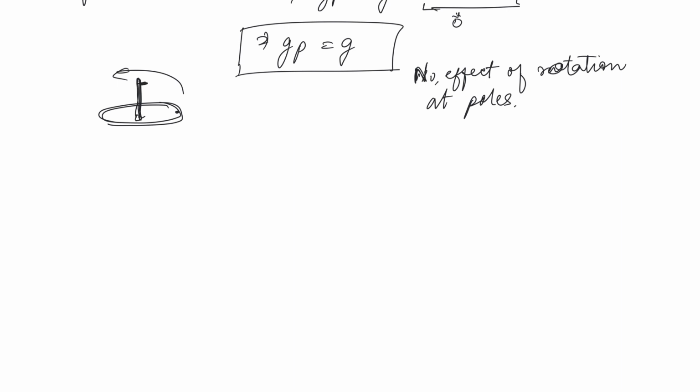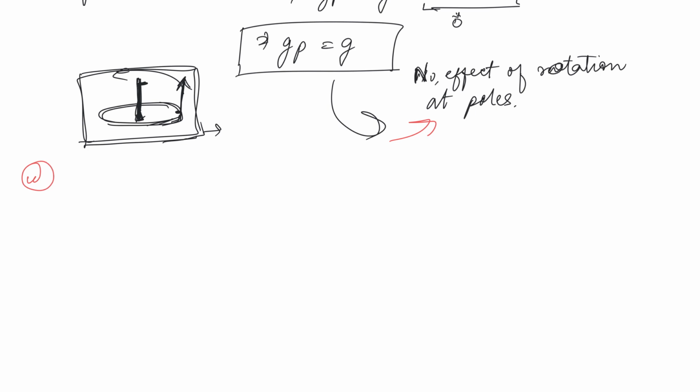The closer you are to the center, the safer you will be. Otherwise, if you are standing at the extreme point, you will be thrown tangentially from the merry-go-round. We have all played this game in the playground. So let's talk about this. There will be no effect of rotation at poles.